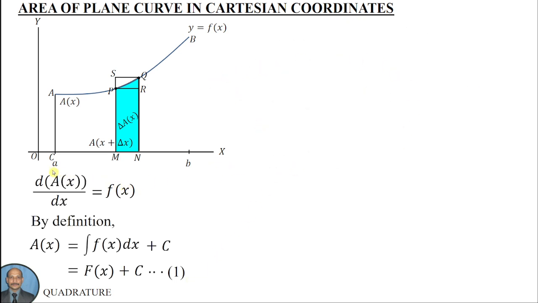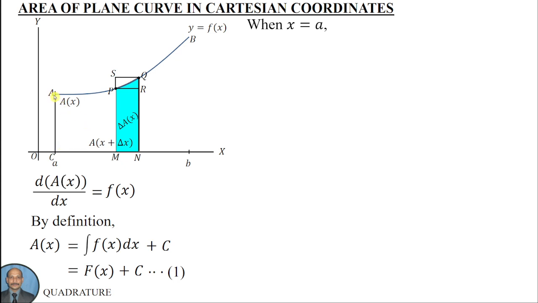In the figure, we have OM equal to x, and when x becomes equal to a, in this case the ordinate PM coincides with AC. Here at the point C, x is equal to a. But OM is equal to x, and when x is equal to a, this ordinate coincides with AC.